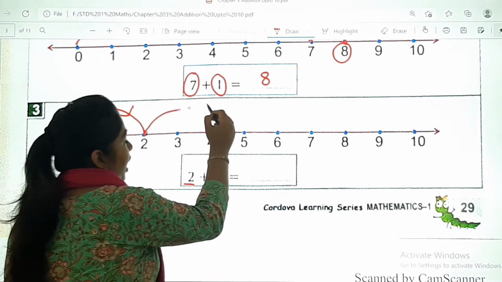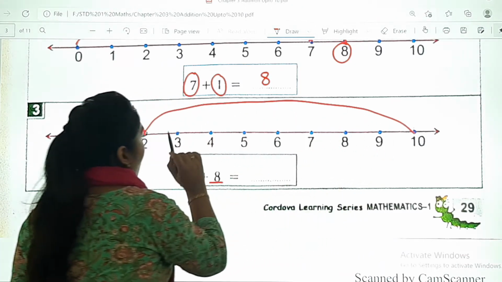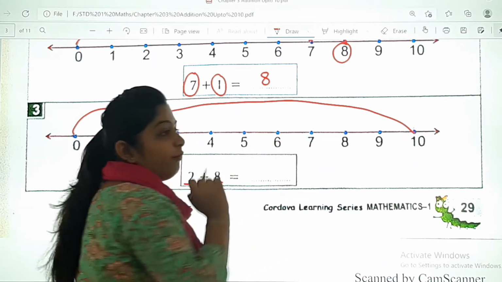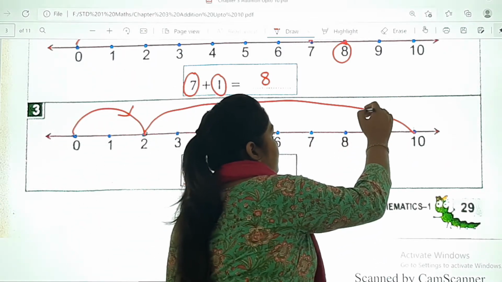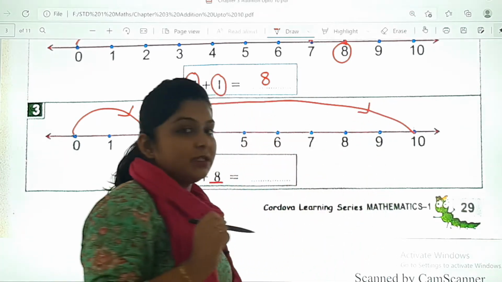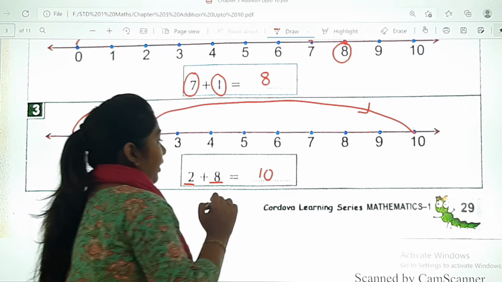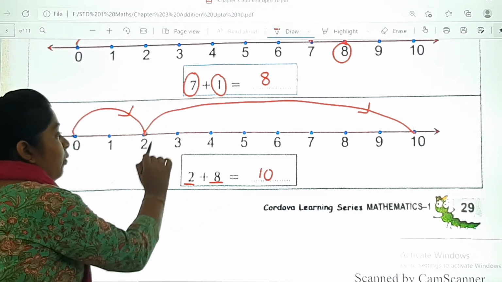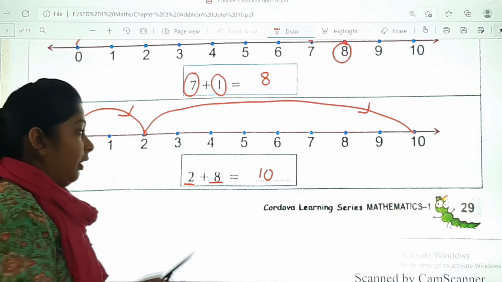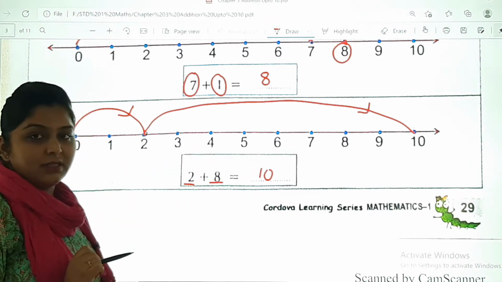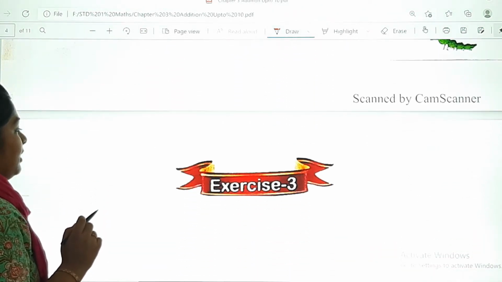From 2, count it like this. And the last one, 1, 2, 3, 4, 5, 6 and 7, 8 like this. So here you will get the answer. That is your number 10, dear children. Understood? After 2, you will go 8 steps further. So this will be your answer. Clear? Ma'am has already given you the answers.